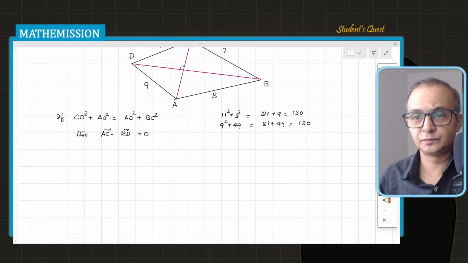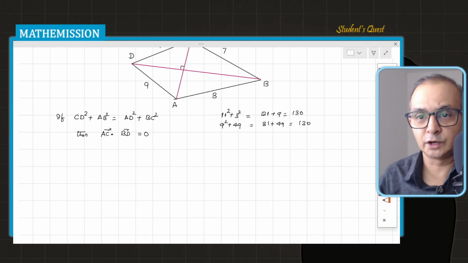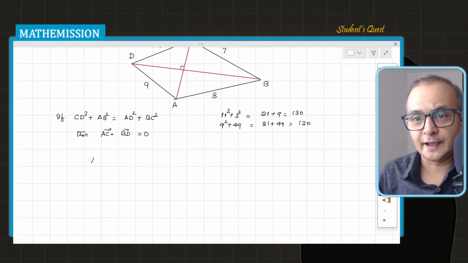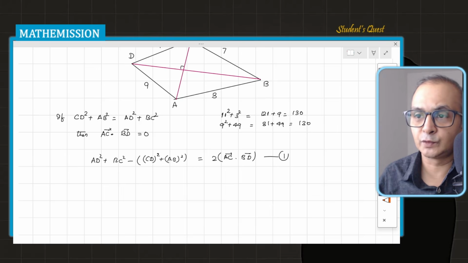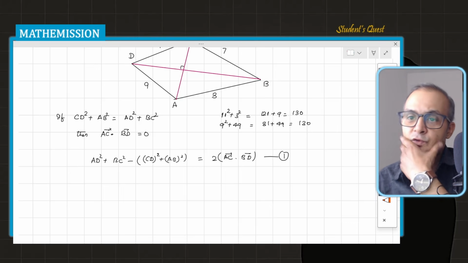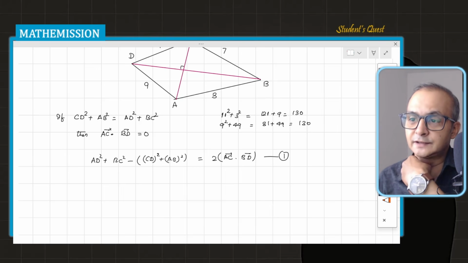Let me give another thing I want to say. In fact, if you write AD squared plus BC squared minus CD squared plus AB squared, it is equal to twice of AC dot BD. This is the equation, and by using this equation you can notice that the left hand side is already 0. So I can say that AC dot BD is 0.